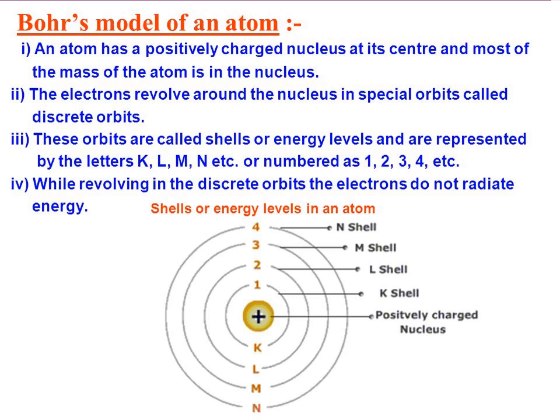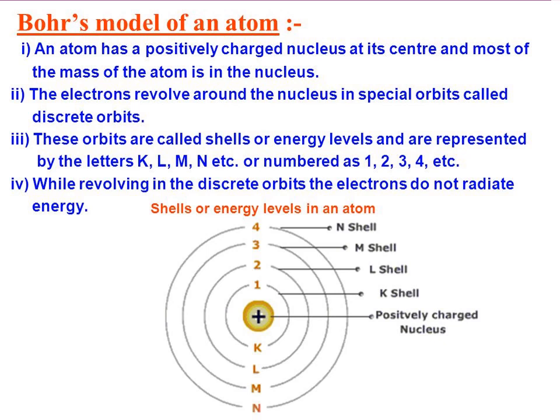The K shell has only 2 electrons. The electron shell can move to a higher or lower energy shell by absorbing or releasing a fixed amount of energy.